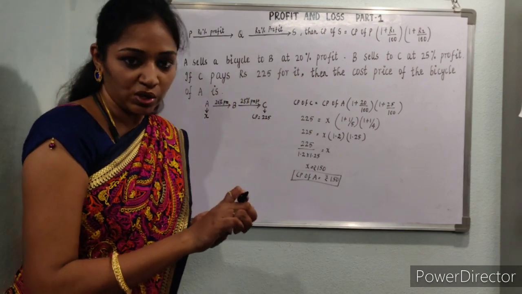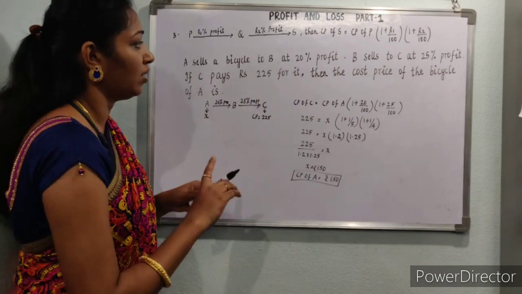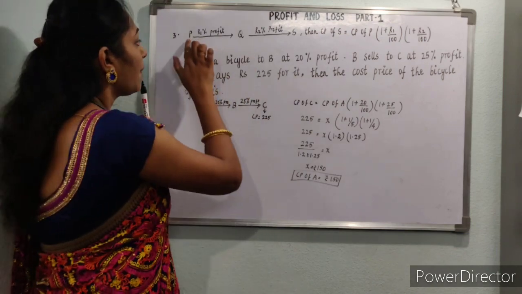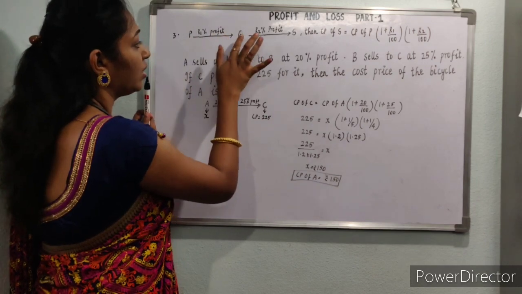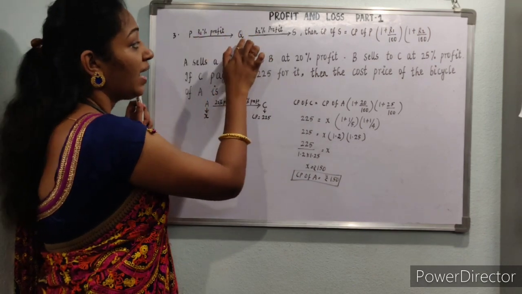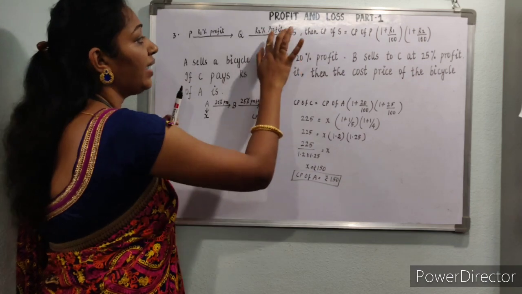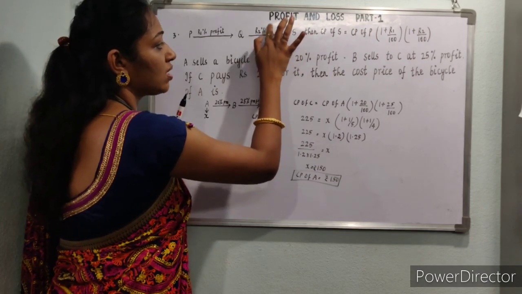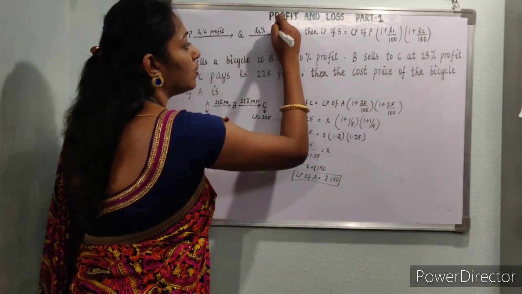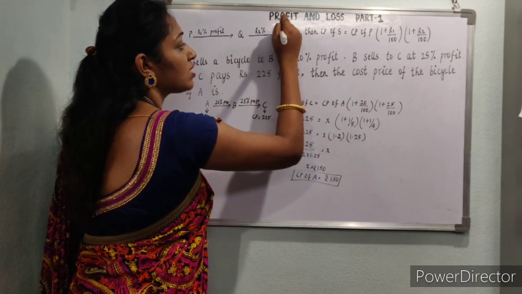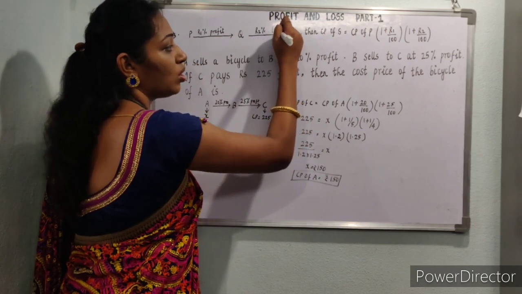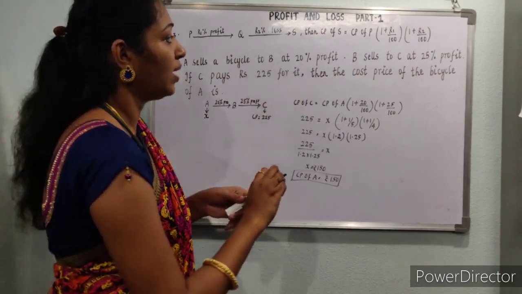Now we can make a small change in it. For example, if the sum goes like this: P sold it at a profit to Q at R1 profit and Q sold to S at R2 percentage loss. So when you have the term loss here, how will the formula change?